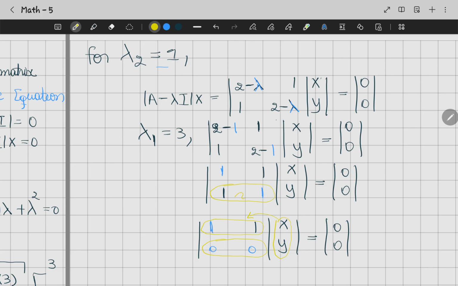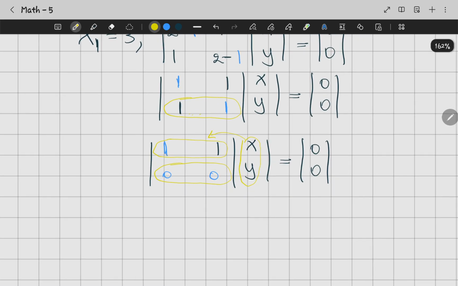You're going to change this last row to 0. So we get something like this, and then from there we can multiply. It's going to give us x plus y equal to 0. And then from here we can solve, and it's going to be negative y.